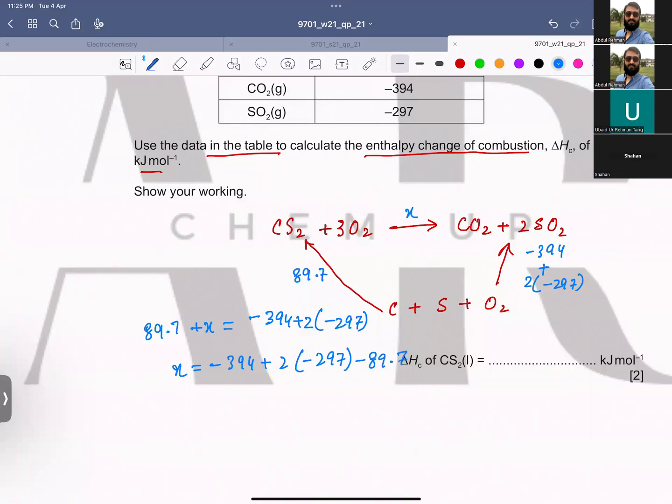Can anybody tell me the answer? I got negative 1077.